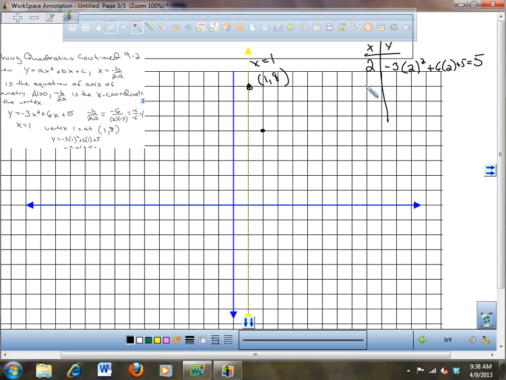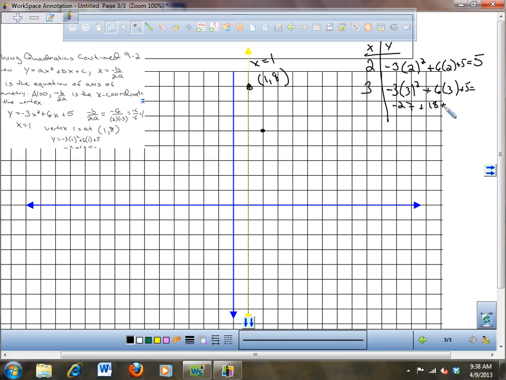See? Now I could go one more place to the right. Let's do that. 3, when I plug in 3 in there, I get negative 3 times 3 squared plus 6 times 3 plus 5. And when I do that, I get 9 times 3. Oh, this gets kind of ugly. 9 times 3 is negative 27. 6 times 3 is 18, right?